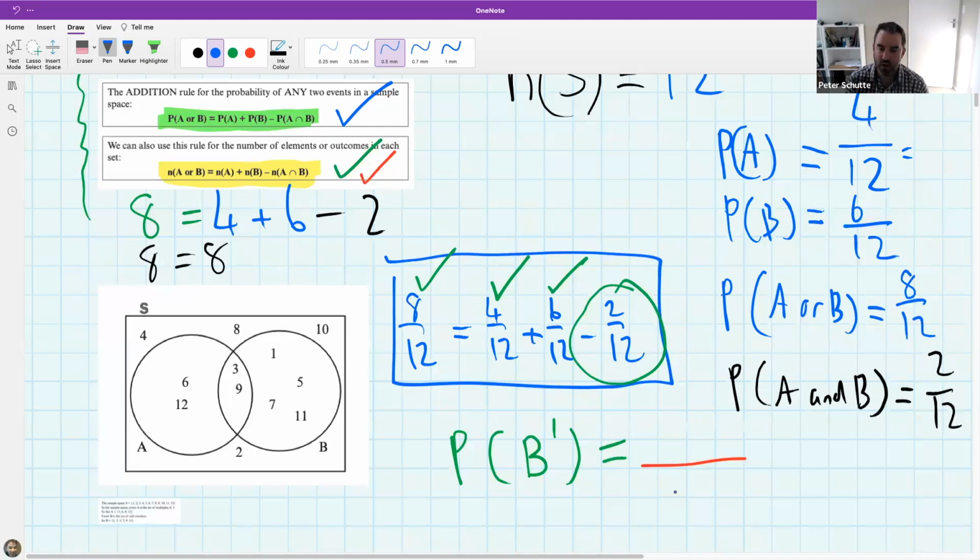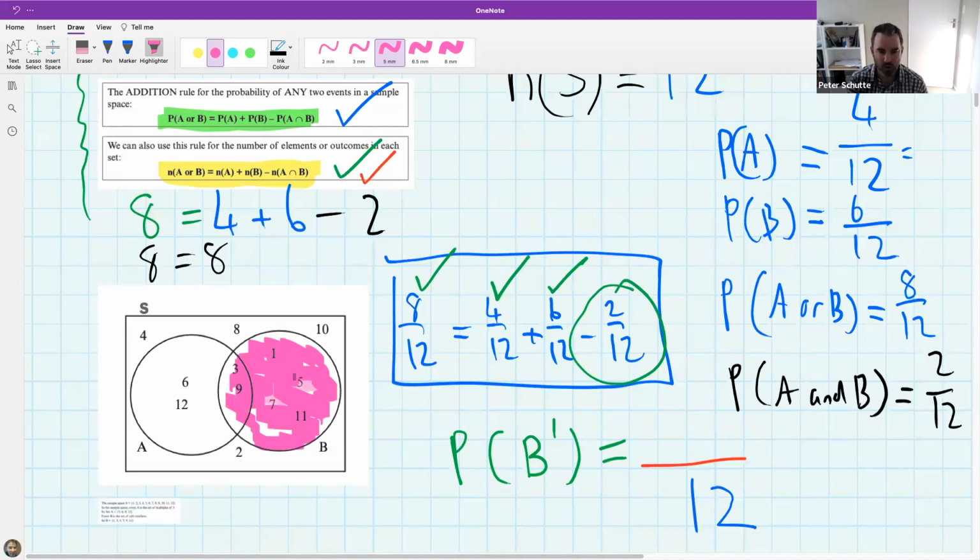What's the bottom of the fraction? Well, the sample space is 12 items, so that's 12. Now, how many items are in the sample space but not in B? And I'll highlight where B is. B is this. Now, how many items are there that are not in B?